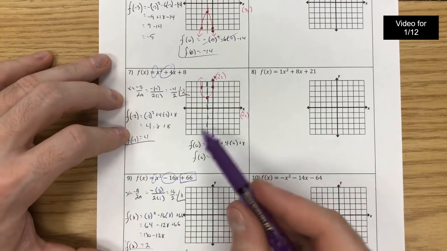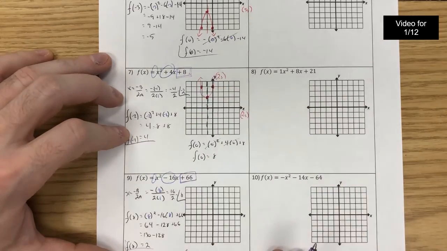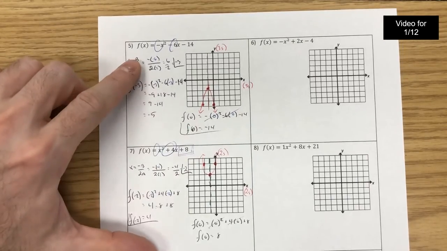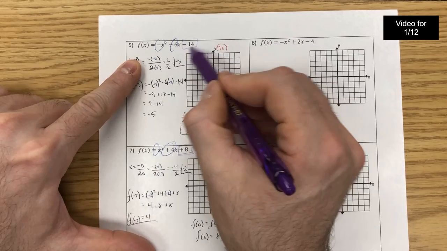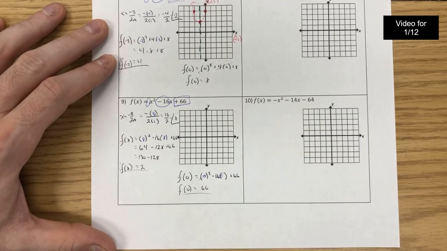You notice that every one of our problems, the number that doesn't have an x doesn't get zeroed out. So when you're asking yourself, what's the y-intercept? At least when it's in standard form, it's always going to be your c term.